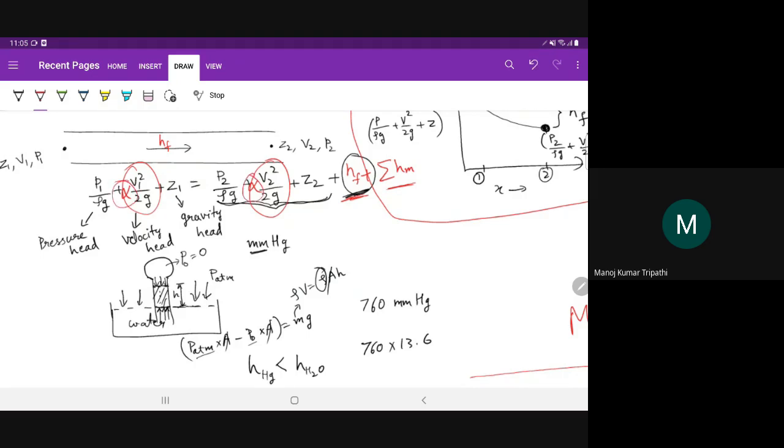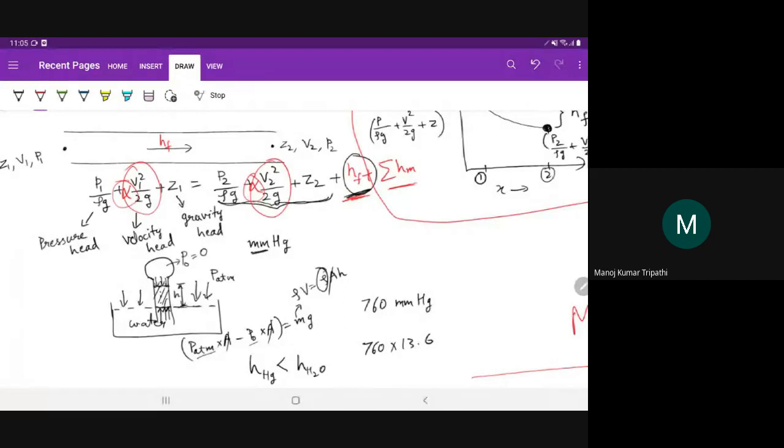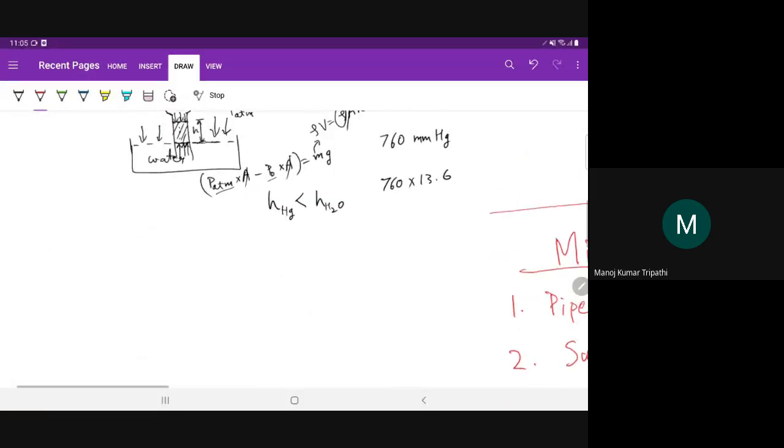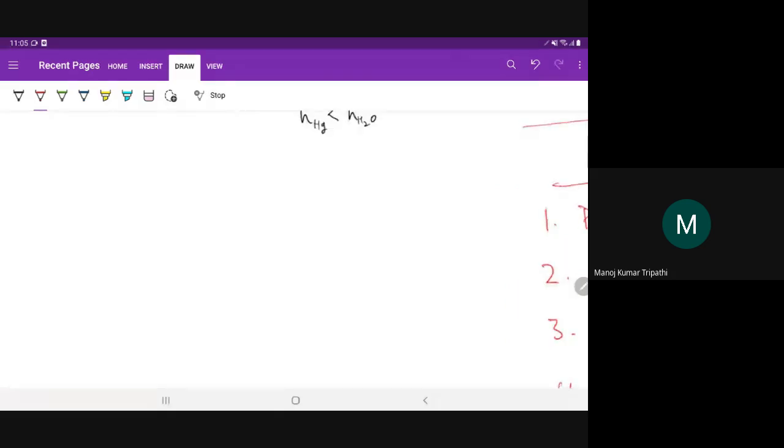Okay. So now what does this alpha do? Let's say we are talking about this pipe where the velocity profile is parabolic.